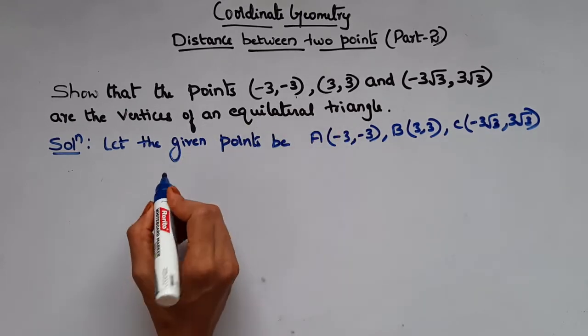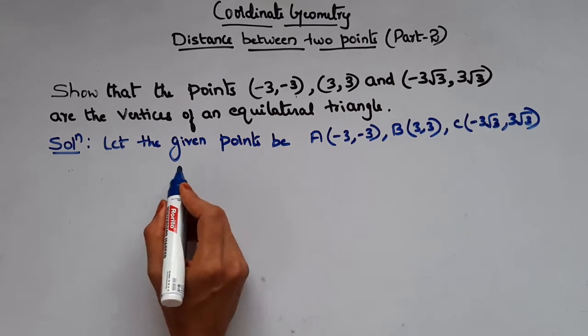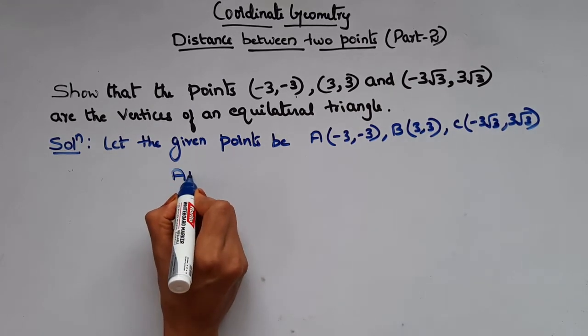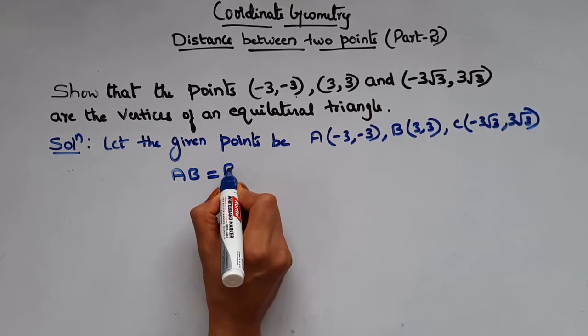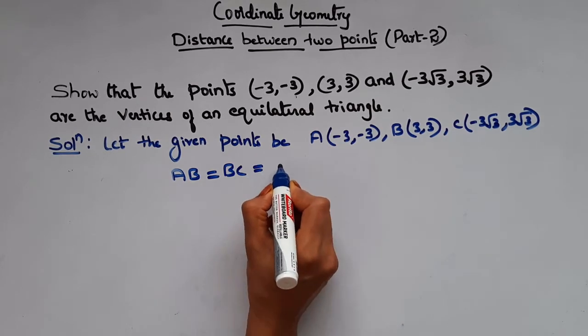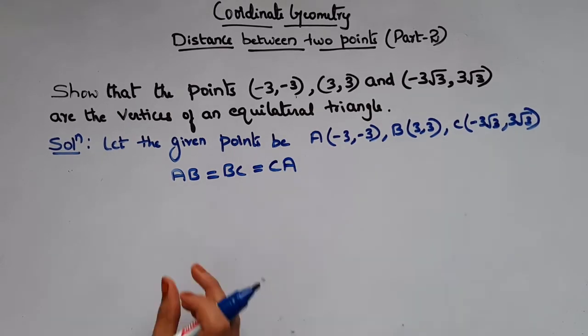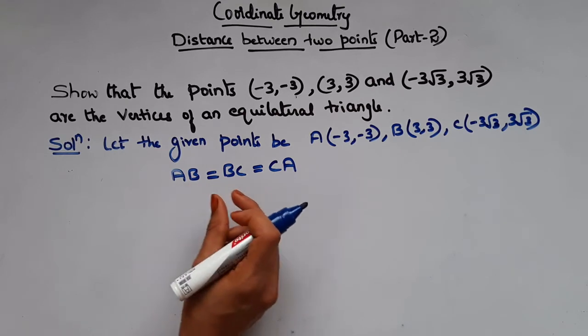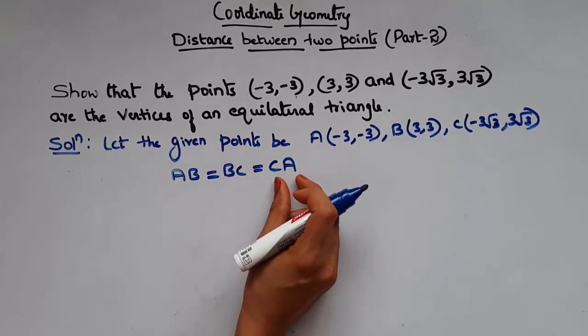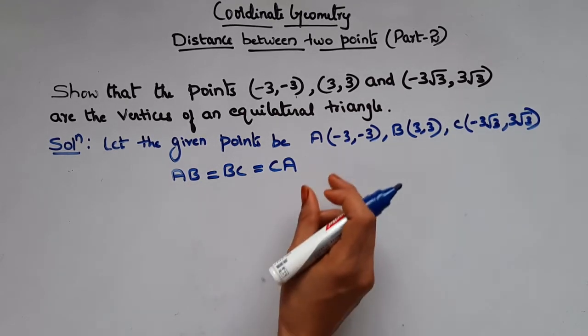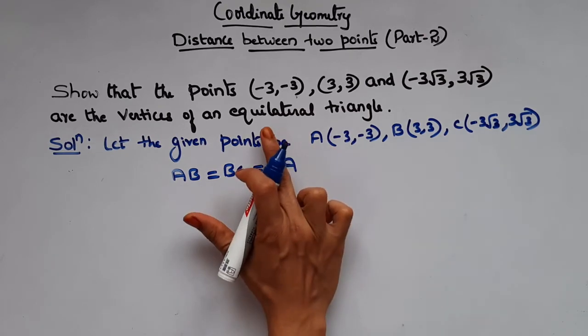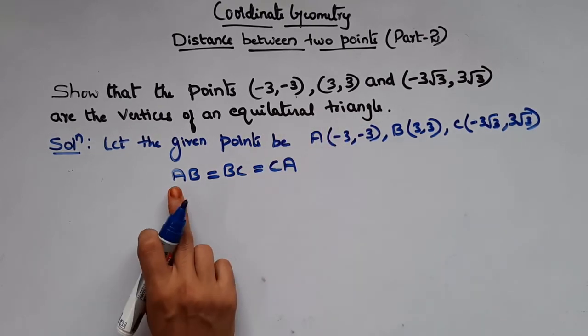So for an equilateral triangle we know all the sides are equal, right? That is AB should be equal to BC, which is equal to CA, right? So now let's see the distance between AB, BC and CA are equal or not. So if they are equal, then it is proved that they are equilateral triangle. So first let's see AB.